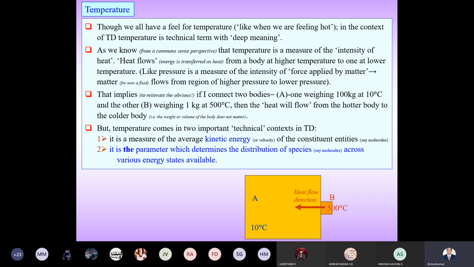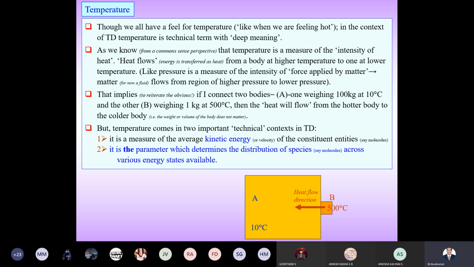But temperature comes in two important technical contexts in thermodynamics, right? It is a measure of the average kinetic energy of the constituent entities, the molecules. This object is made up of an infinite number of molecules, right?